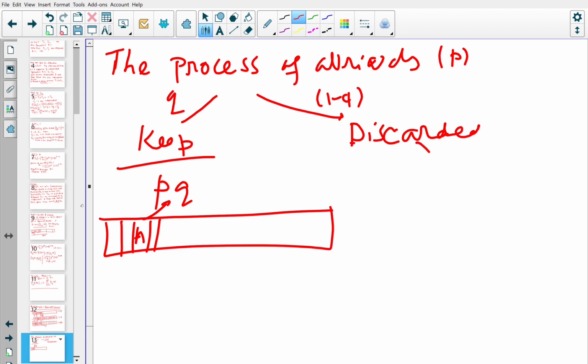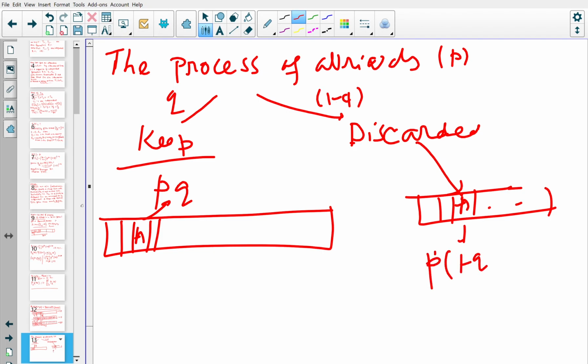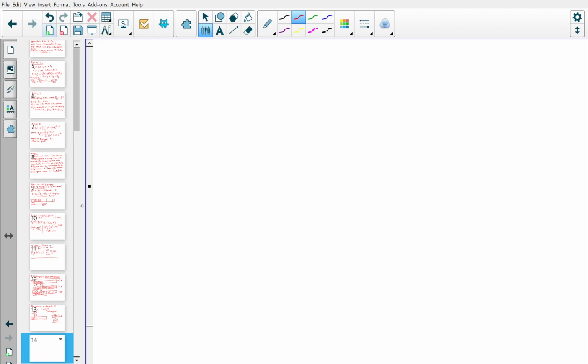And here a time slot having an arrival, this probability originally was p and now it is 1 minus q, so p into 1 minus q, right? So both will be Bernoulli processes, the first one with probability pq of an arrival, and the second one with probability p into 1 minus q for an arrival, right? Clear?